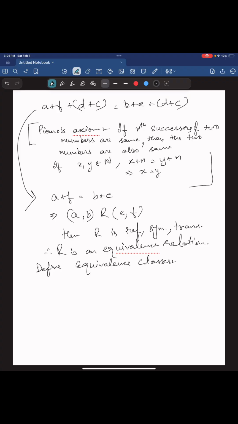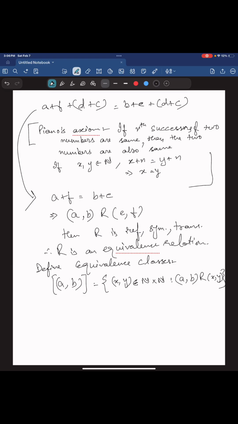Just a reminder of what equivalence classes are. I will define them in the same manner. Equivalence classes are denoted by square brackets. It is the set of all those points in the same set such that (a, b) is related to (x, y).